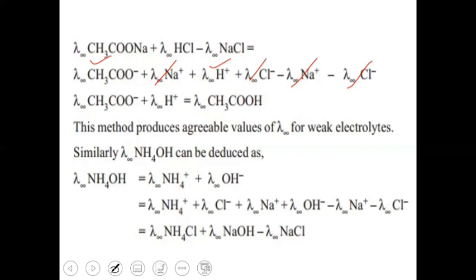After cancellation, we get the lambda infinity of CH3COO minus, acetate, and also lambda infinity of H plus. These two values together give the equivalent conductance of CH3COOH at infinite dilution. This way, you can calculate the equivalent conductance for weak electrolytes.